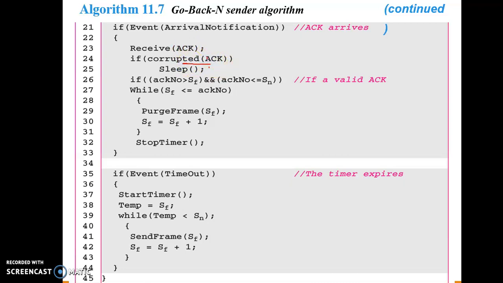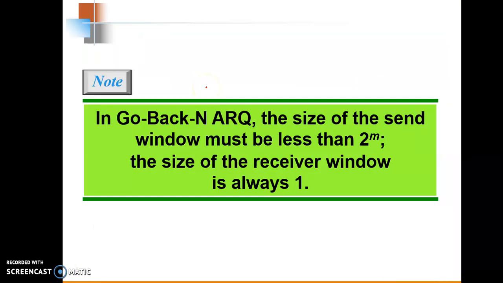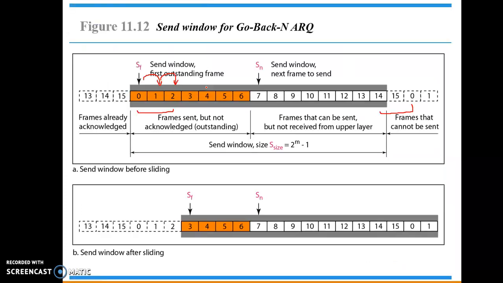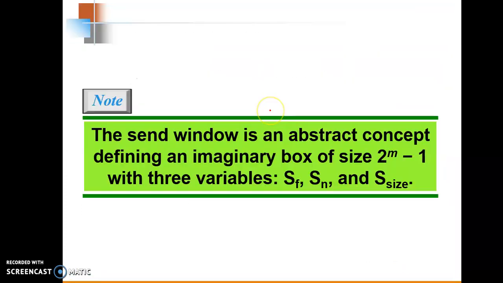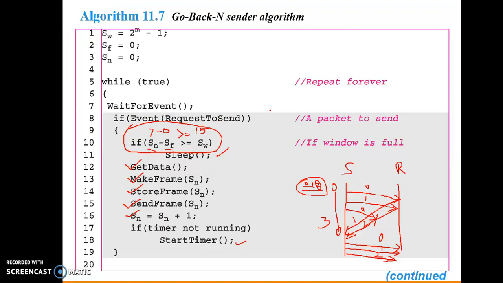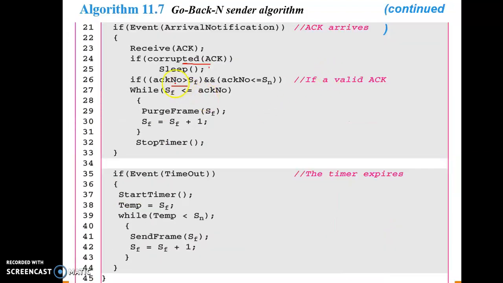If the acknowledgement is not corrupted, check the acknowledgement number against SF. What is SF? Suppose you are receiving 0. If the acknowledgement is 1, SF is 0, so 1 is always greater than 0. The acknowledgement number is always the next frame it expects.